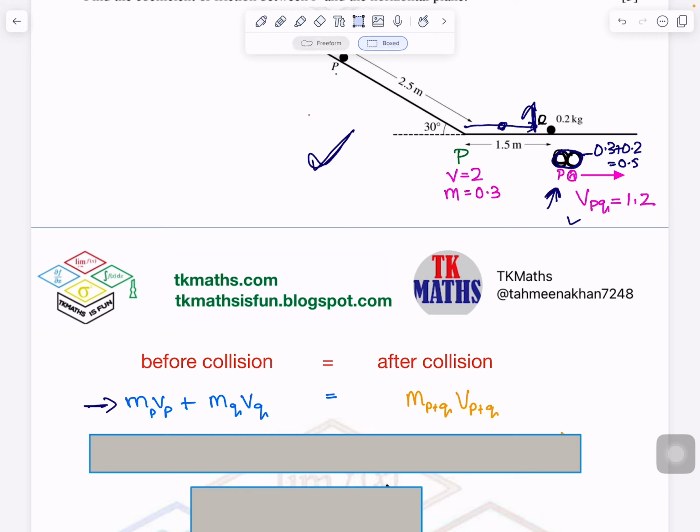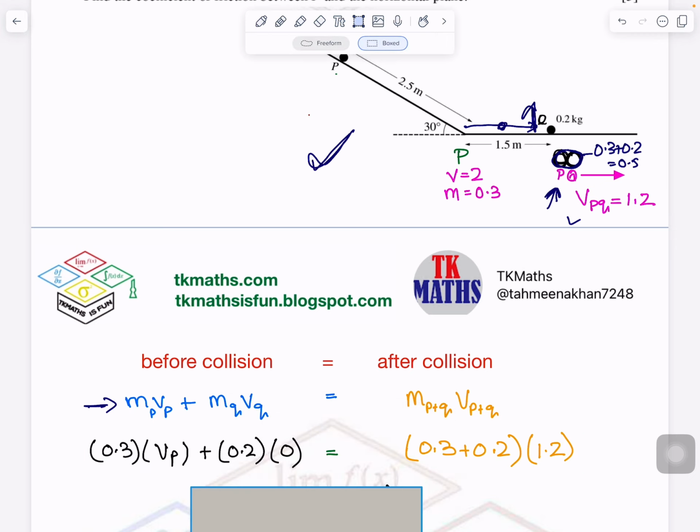So let's see here. Okay, so this is the mass and this is the velocity of P before collision, right? And the mass of Q is 0.2 and it was at rest. Now when they are combined, it is 0.3 and 0.2, which is 0.5, and the velocity is 1.2.